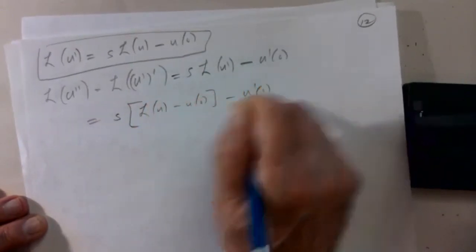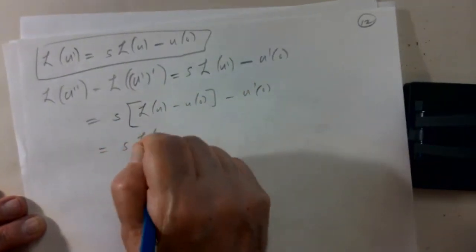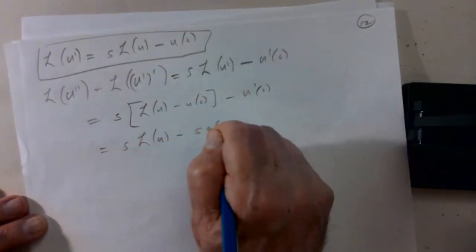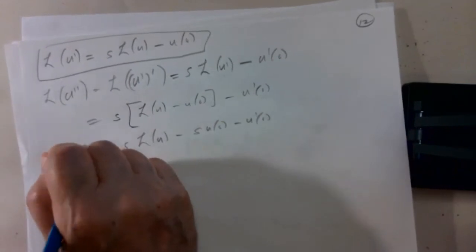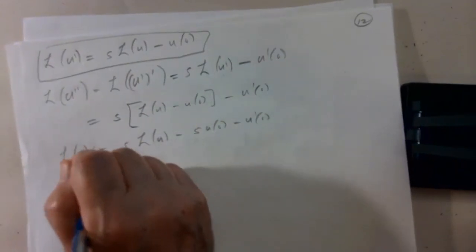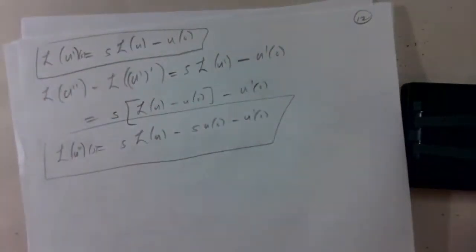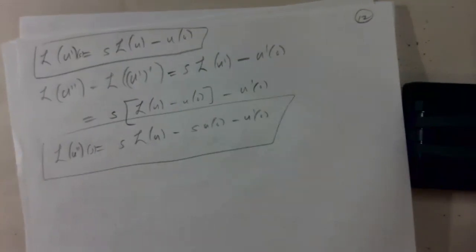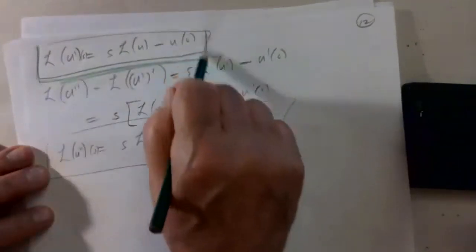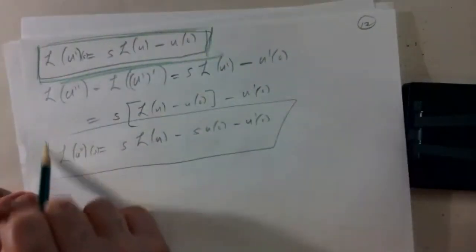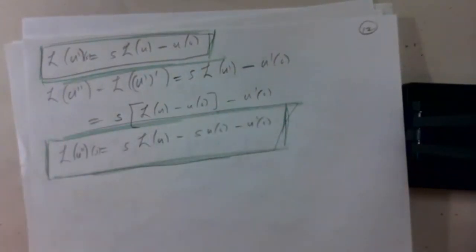So that's s squared L of u minus s u of 0 minus u prime of 0. So these are two basic equations, and all we're using is basically some simple integration by parts.